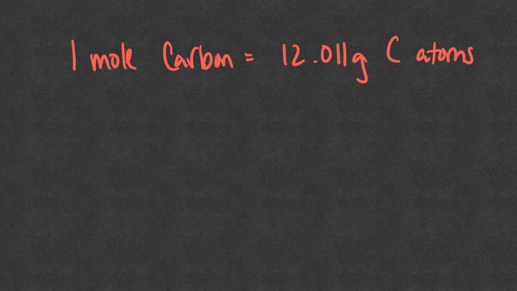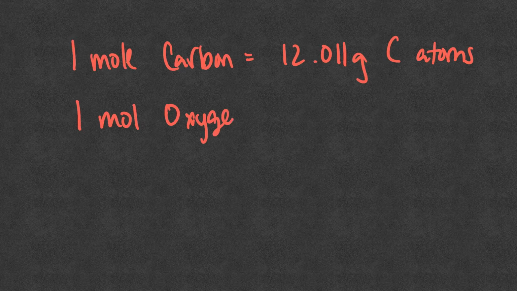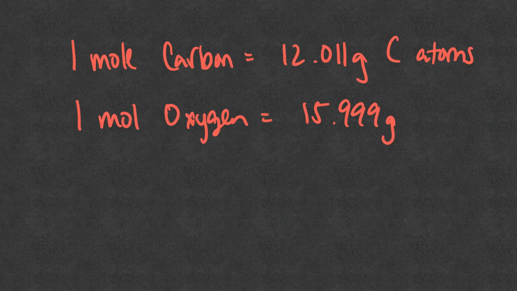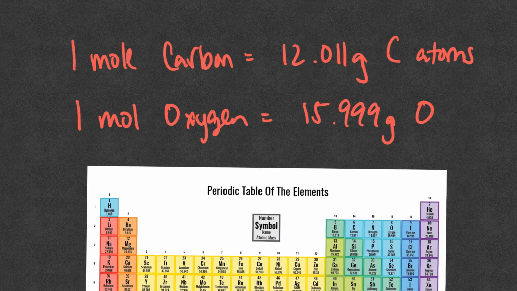For every 1 mole of oxygen, the mass is 15.999 grams of oxygen. Now, where are we getting these numbers from? It's from the periodic table. These are your average atomic masses. It turns out your average atomic mass is also what we call the molar mass of the element.